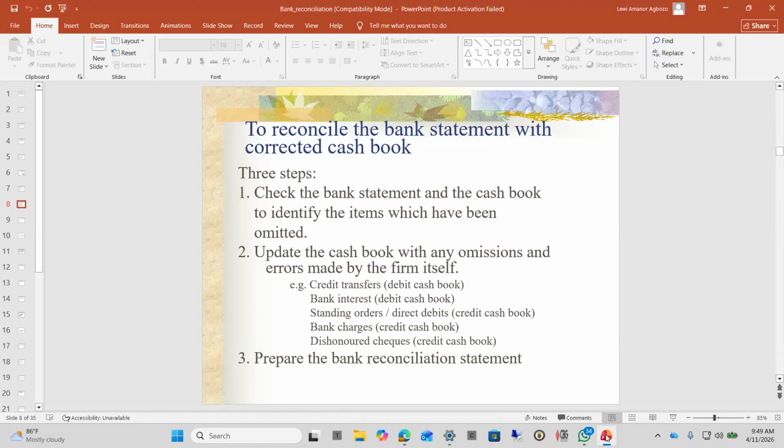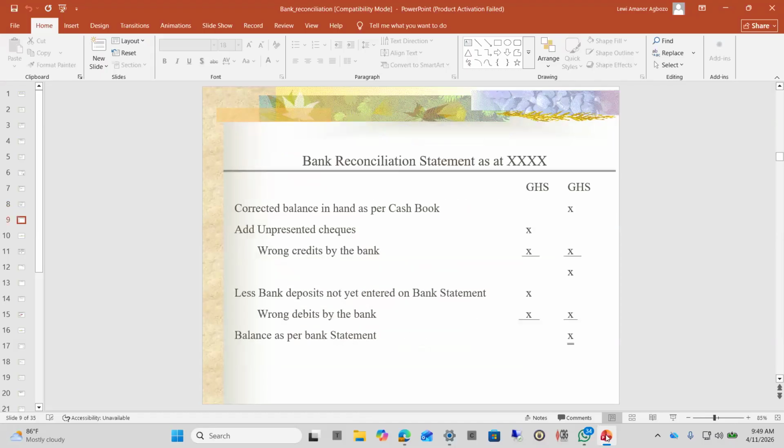For instance, any credit transfer, bank charge, standing order, or dishonored check. If you see any of such things in your bank statement, you can use it to adjust your cash book. Then you prepare the bank reconciliation. So that is just a very simple thing.